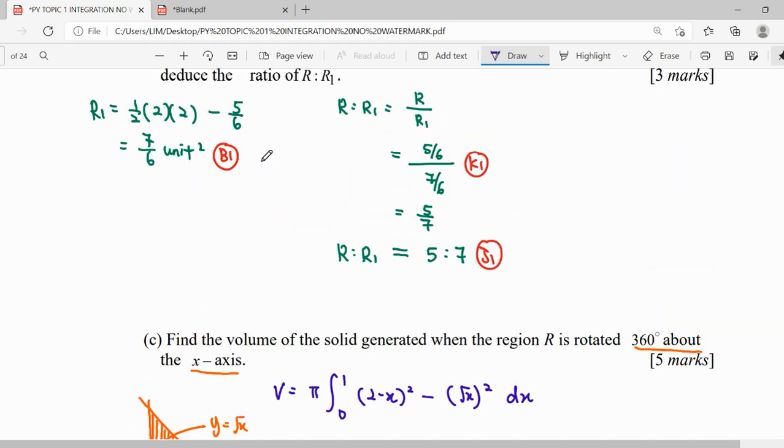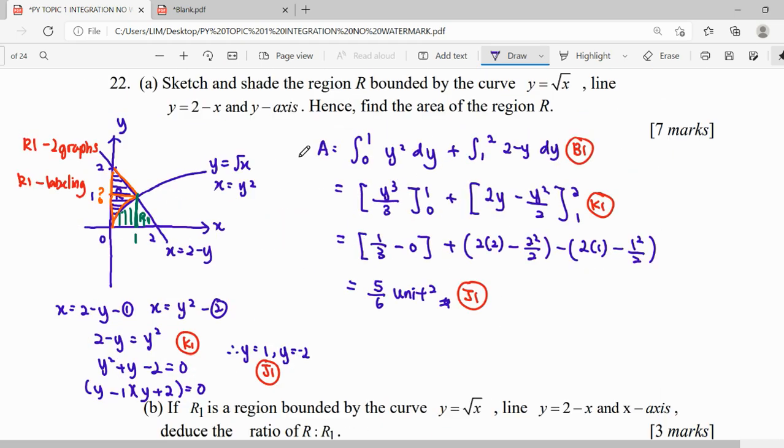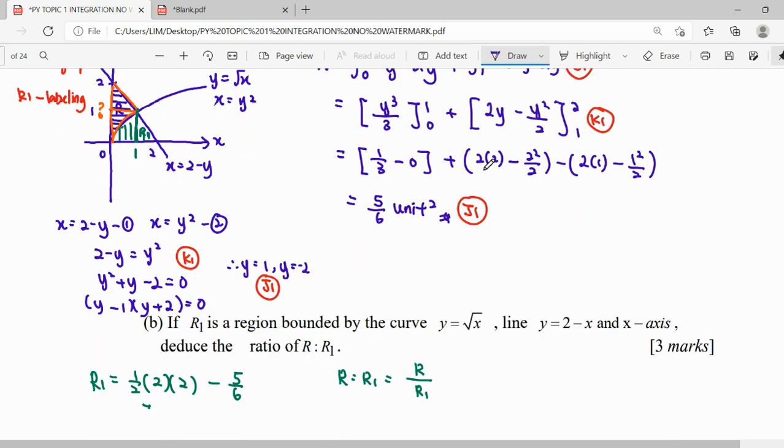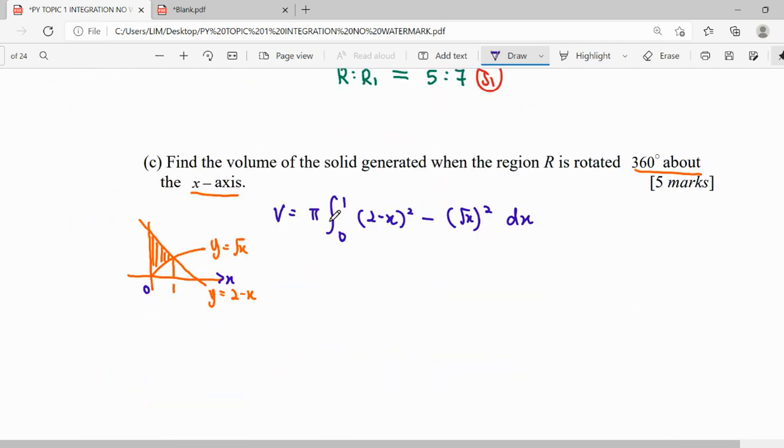That is the difference between area and volume. Area is just direct integration. For volume, you have to square and then multiply by pi in front. So from here, follow back our rules, simplify, and then use our formula. So we simplify our question here.